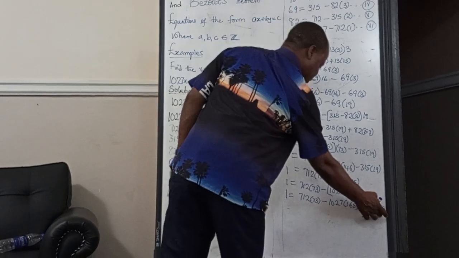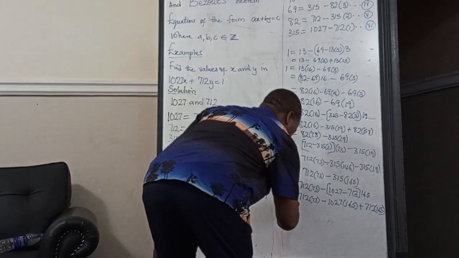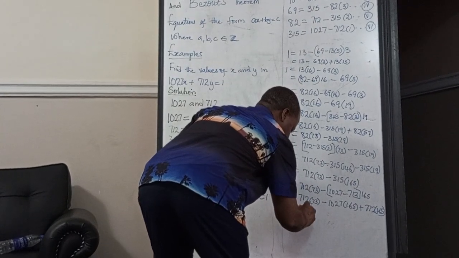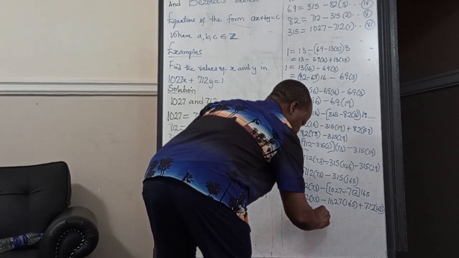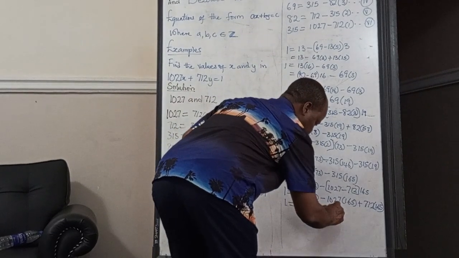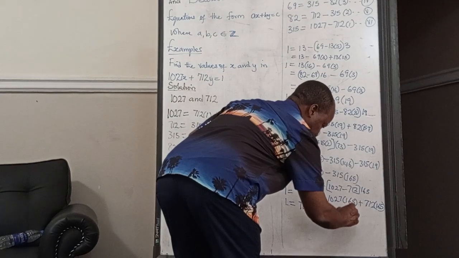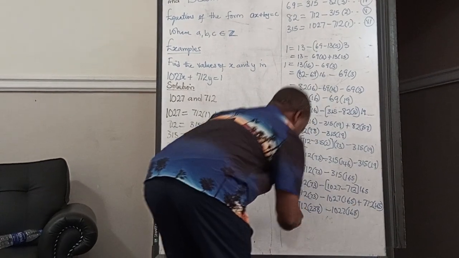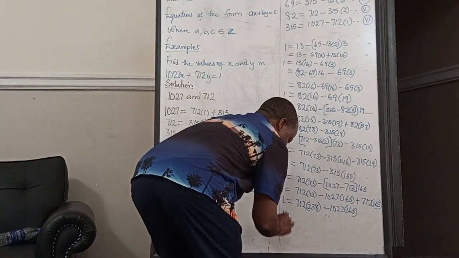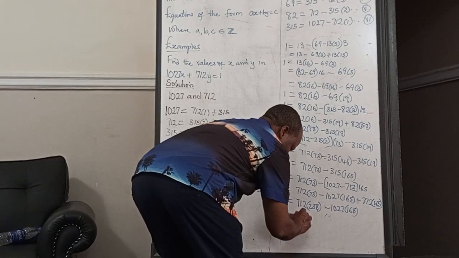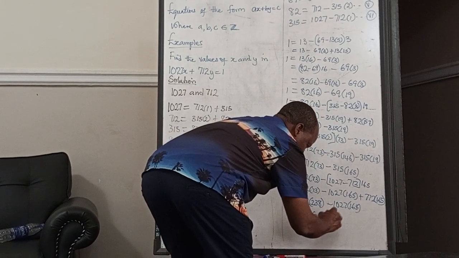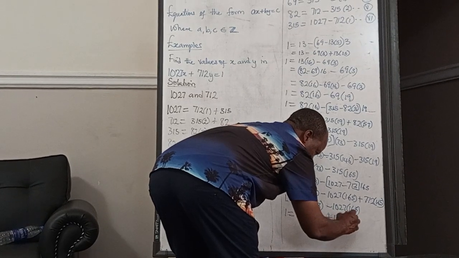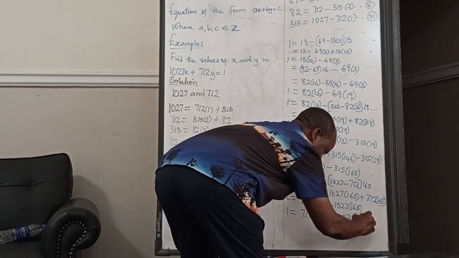So you're going to add 165 to 73. That will give us 712 times 238. Then minus 1027 times 165. Now we can write this to say that 1 is equal to 712 times 238 plus 1027 times negative 165.